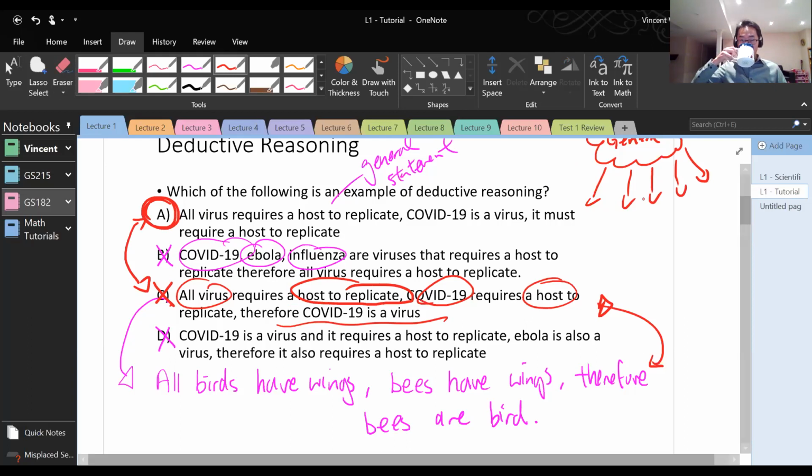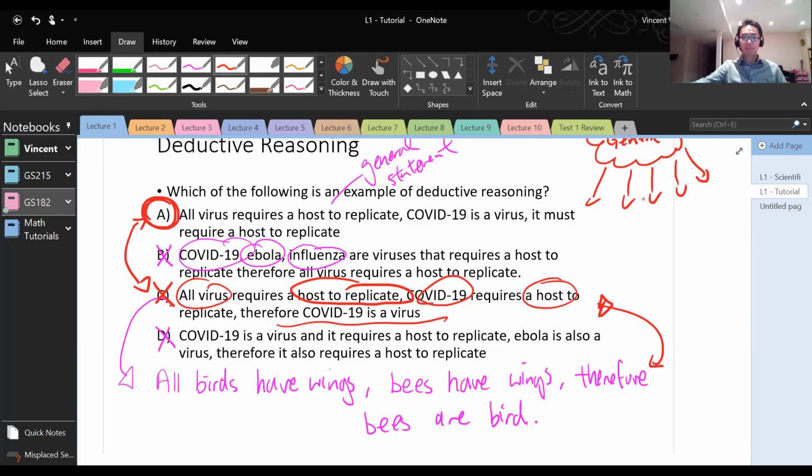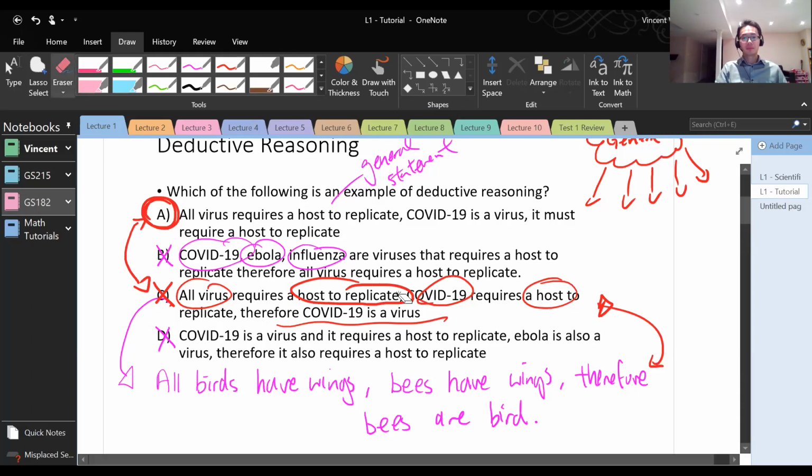All viruses require a host to replicate. The second one just repeats it: COVID-19 requires a host to replicate, therefore it's a virus. But A explains: all viruses need a host, number one. Number two, COVID is a virus. And number three, it requires a host. I don't know if it makes sense.